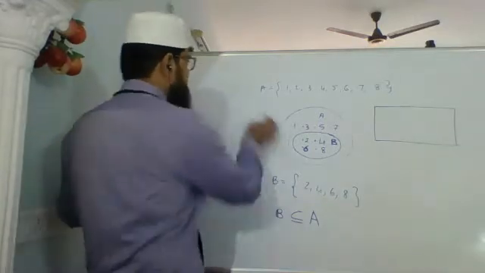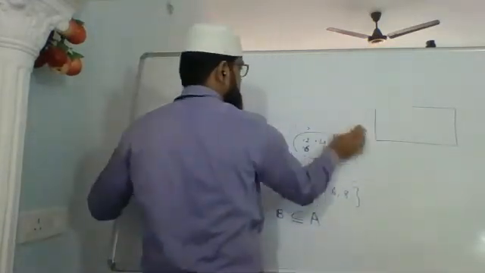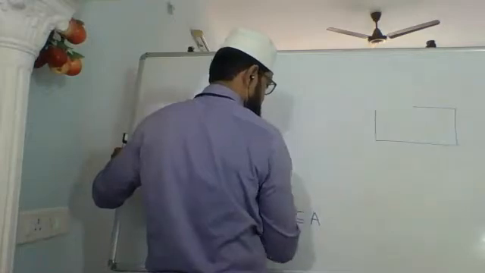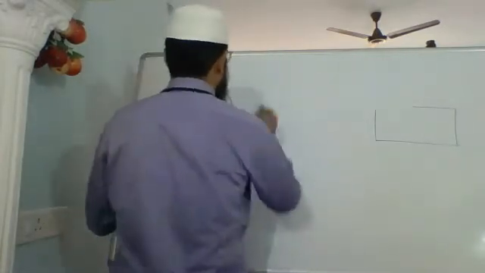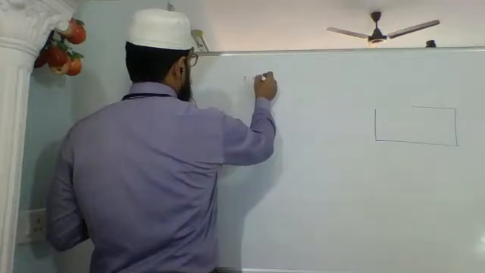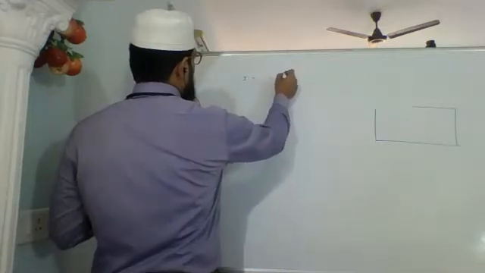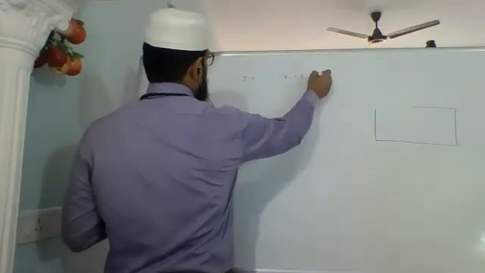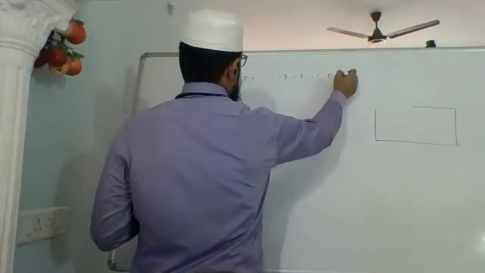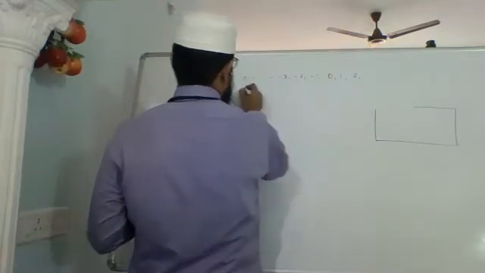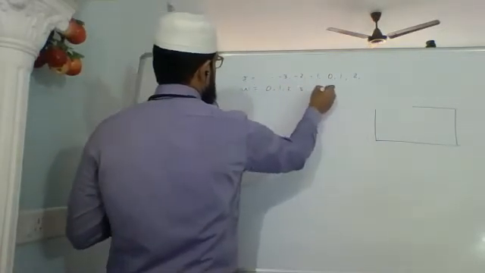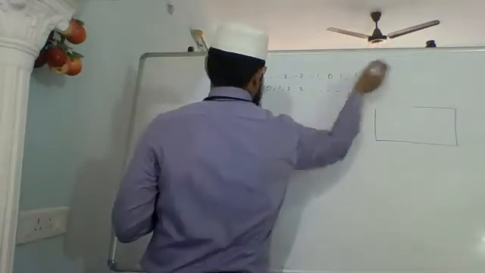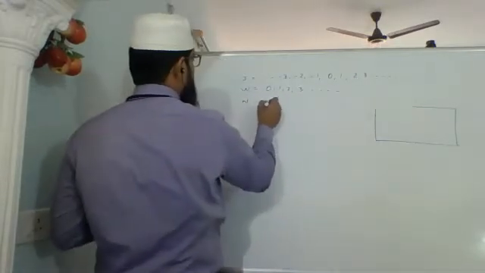I could say integers, that would be -3, -2, -1, 0, 1, isn't it? Whole numbers would be, and natural numbers would be.